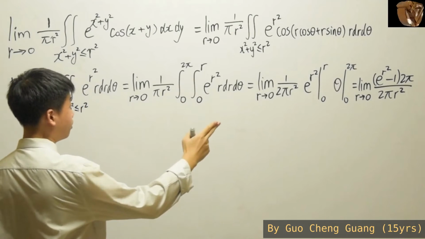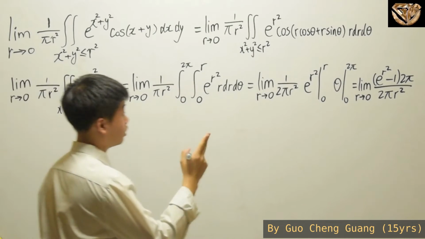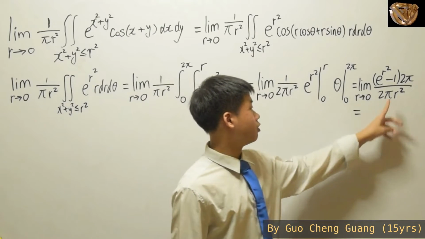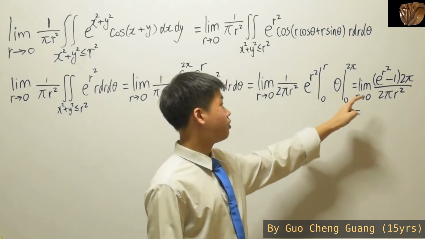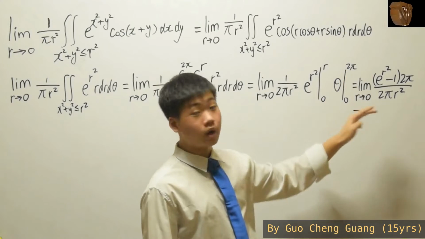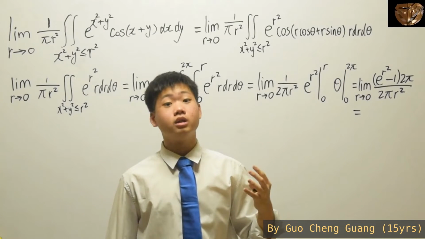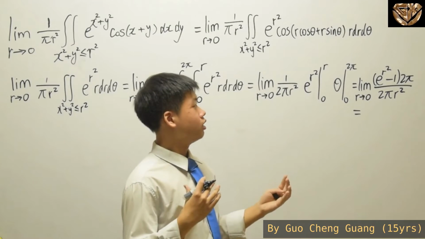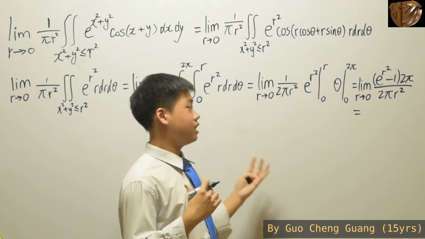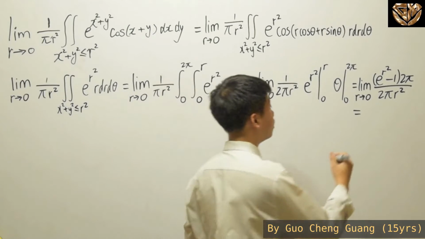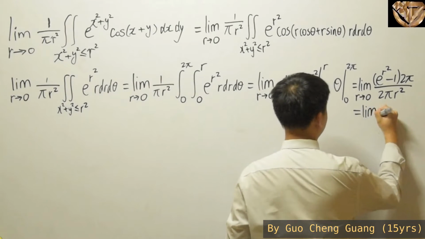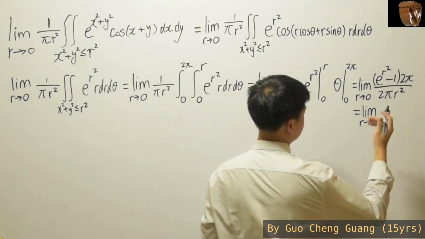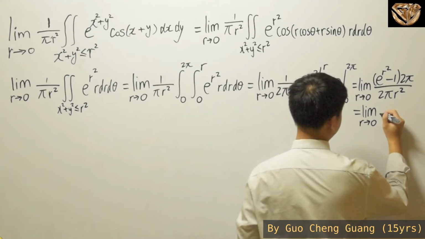Now, here, we can actually get an answer for this. So what exactly is this answer? Yes, you'll be removing these two pi's, and you'll be left with e to the power of r square over r square. But you might be wondering, how do we solve it? If you have watched a few of the techniques of limit calculation videos, then you would probably know about L'Hopital's rule, which in this case, you'll differentiate for r, okay?